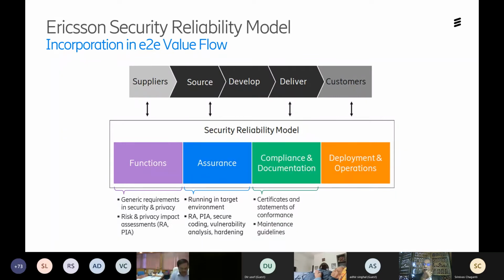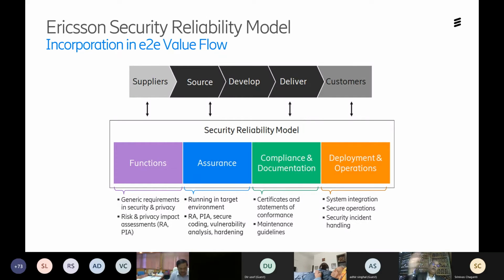In compliance and documentation, we empower the users of our product, services, and solutions with certificates and statement of compliance. And we also issue maintenance guidelines. In the deployment and operations, these are people that could be taking up system integration, securing end-to-end operations, and then, in spite of all of this, you may have incidents related to security. So how do you address them?